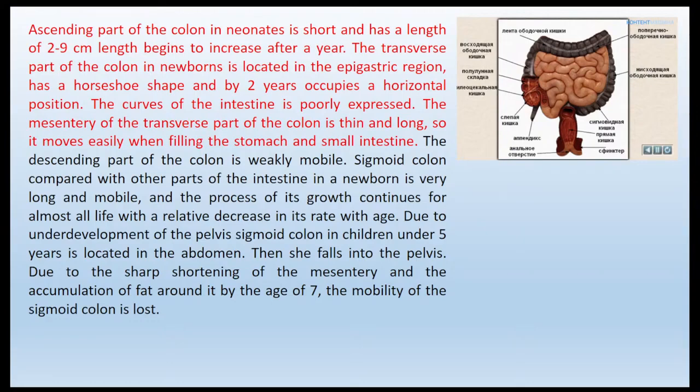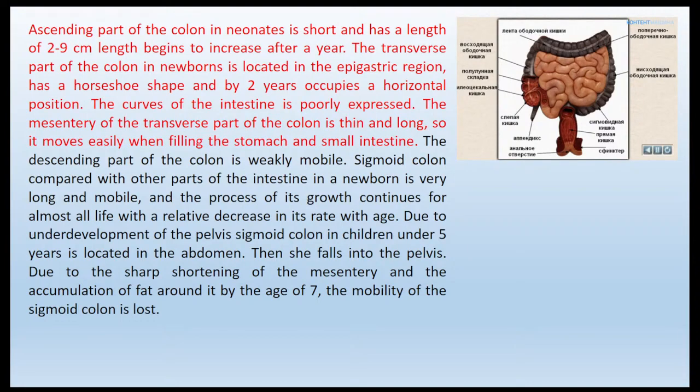The haustra of the intestine are poorly expressed. The mesentery of the transverse part of the colon is thin and long, so it is easily displaced when filling the stomach and small intestine. The descending part of the colon is weakly mobile.